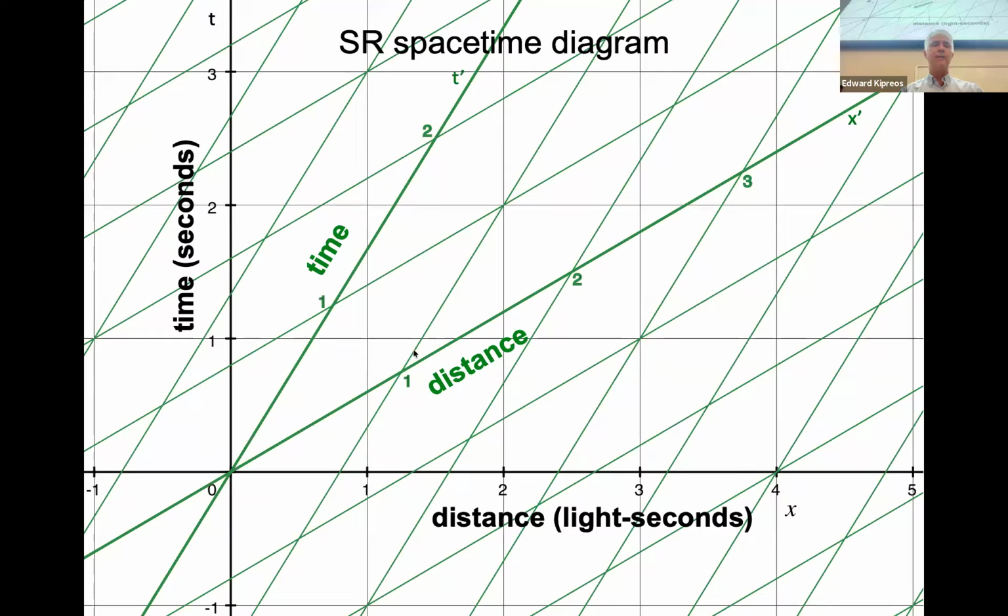Well, this x prime axis in the moving frame is also at time zero in the moving frame. So at 1 light second, it's at time zero, 2 light seconds, time zero, 3 light seconds, time zero. But look, while they're all at time zero, they're all at different times in the stationary frame. Okay, that's the offsetting of time with distance.